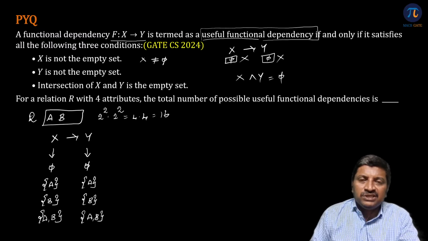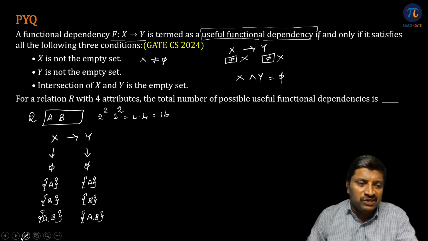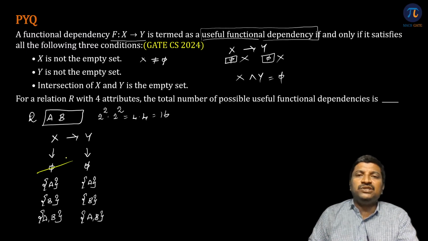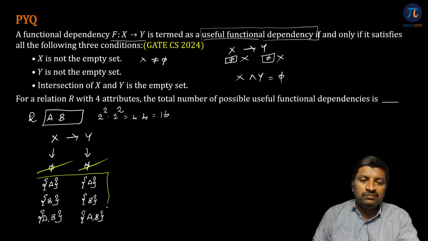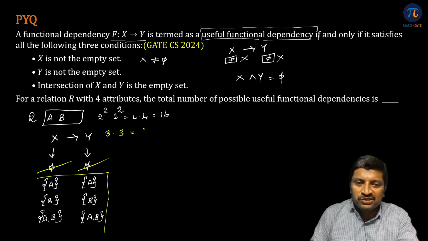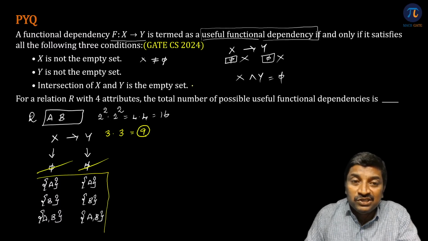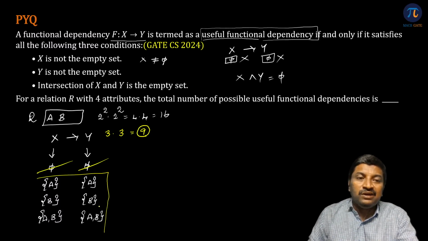But out of these, they have given some conditions. What are the conditions? The first condition: X should not be empty. Y should not be empty. So I have only these possibilities. That means the left has only 3 possibilities, and the right side has only 3 possibilities. It's totally 9. Then what about the third condition? The intersection must be empty.